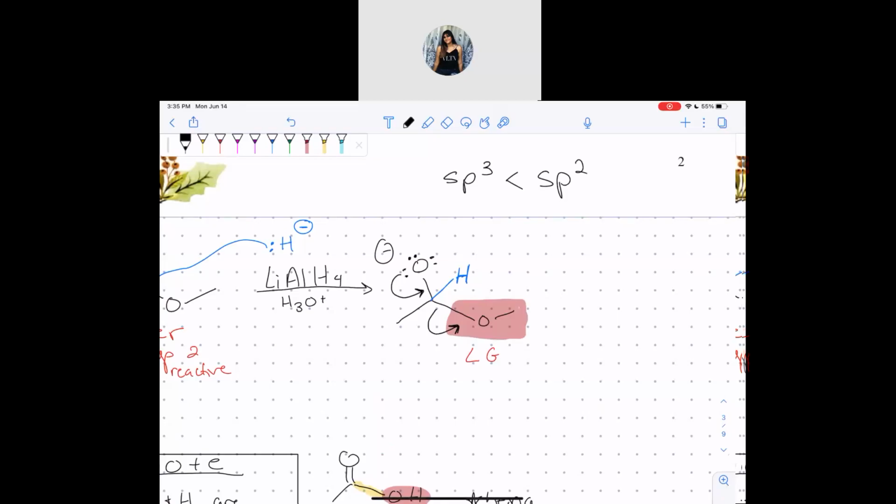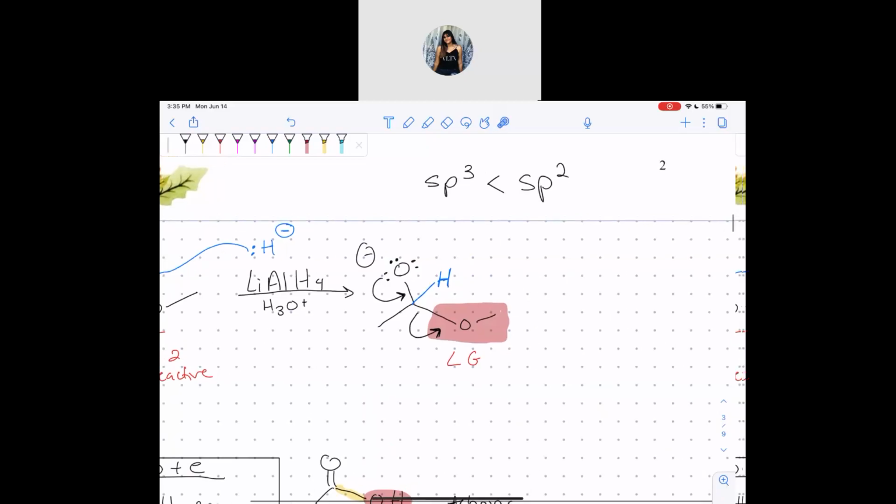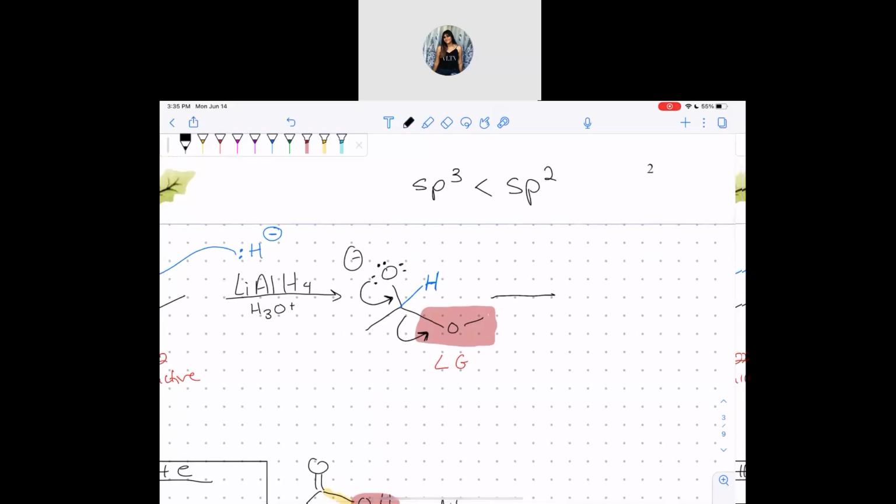So having the double bond would create an SP2 carbon here, which would make it much more stable than this SP3 conformation. So when we reform the double bond, we've reformed SP2 from SP3. And since we got rid of the leaving group, now this hydrogen is left.